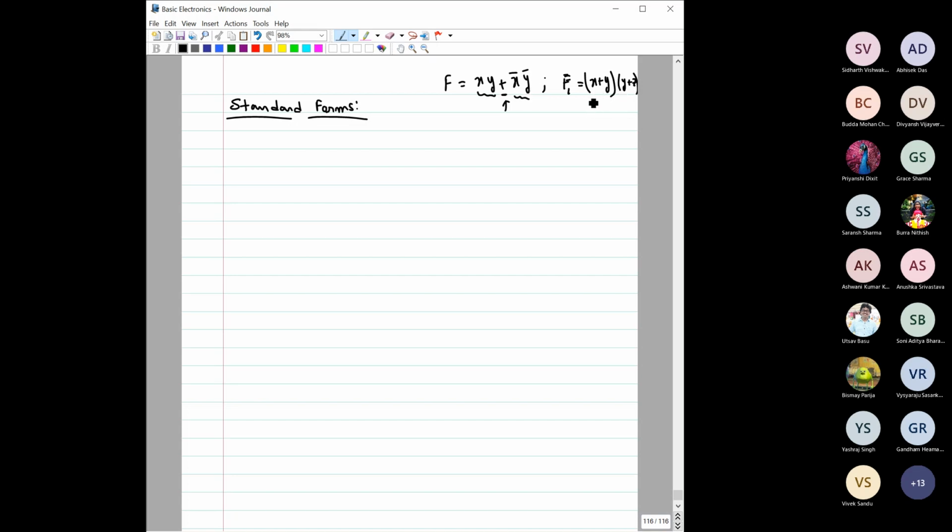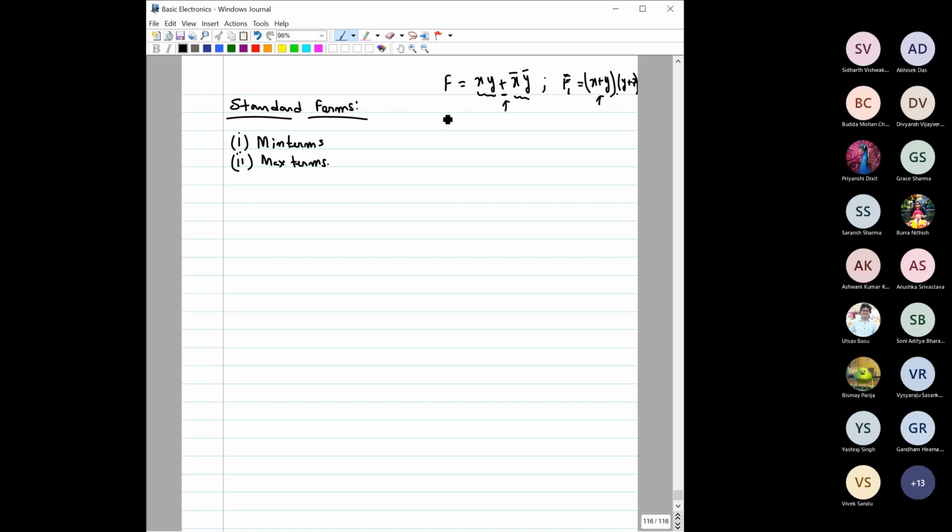But here this process is different. Inside, every term is first an OR operation, and then all these terms have an AND operation done between them, right? So based on how we can represent a function, there are two ways to do it. One is called min term. The other one is called max term.